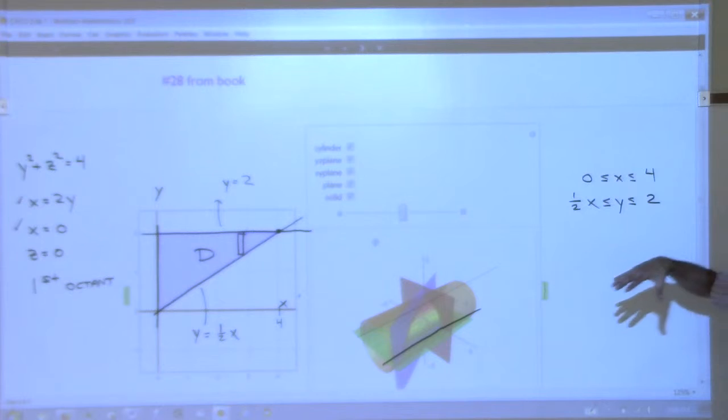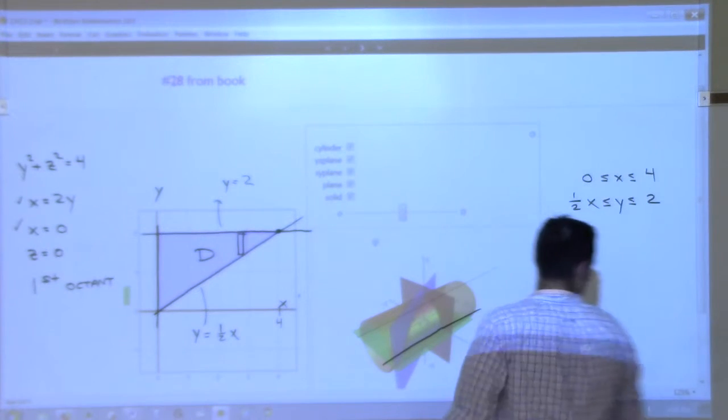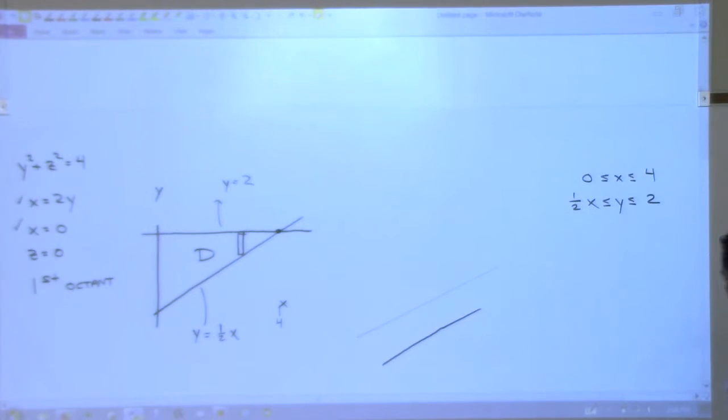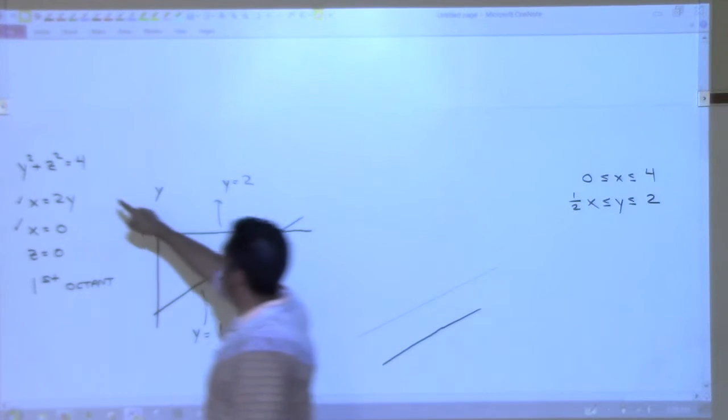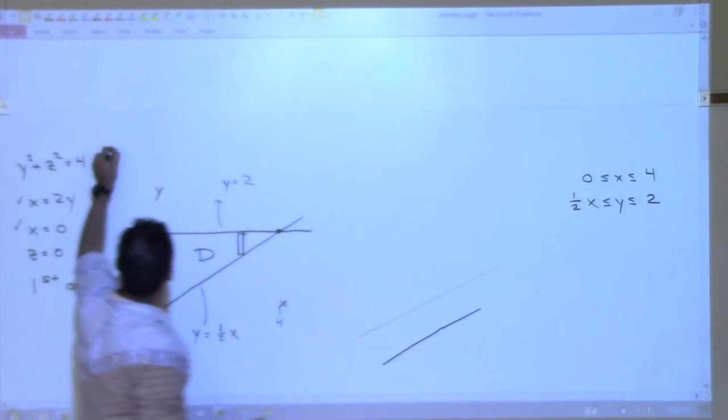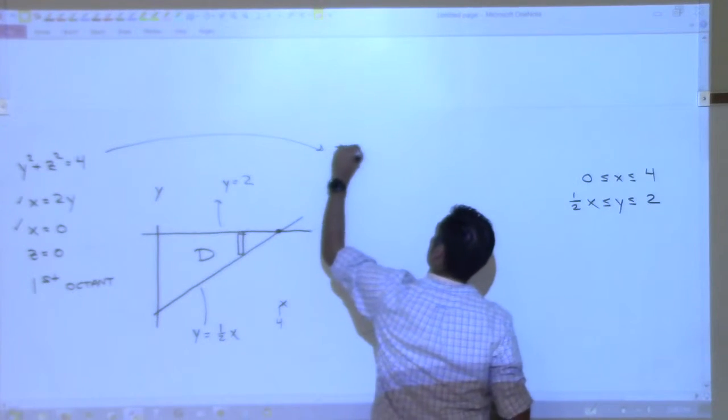The top surface is what? Ooh, this is going to be a little bit different. What's our top surface? The cylinder, right? The cylinder, but solved for what here? You have to solve it for z so that you have it as a function of x and y. So we take this. This will give us our top surface.